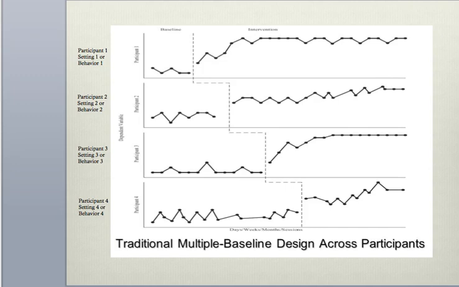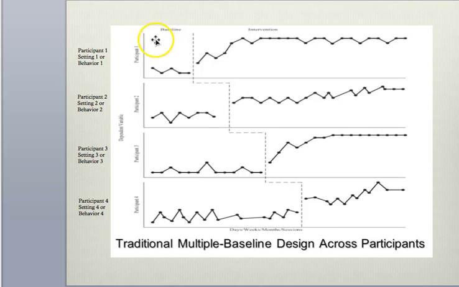So this is a traditional multiple baseline design across participants. I'm going to just use my cursor here. This is just a generic graph. So here in the graph itself, it's participant 1, participant 2, participant 3, and participant 4. It's also possible that these could be 4 settings, or these could be 4 different behaviors for the same person.